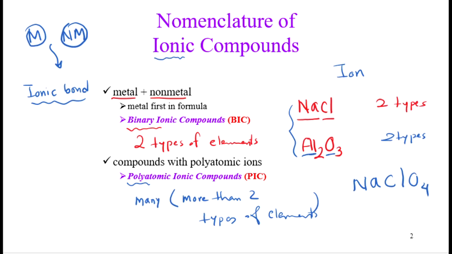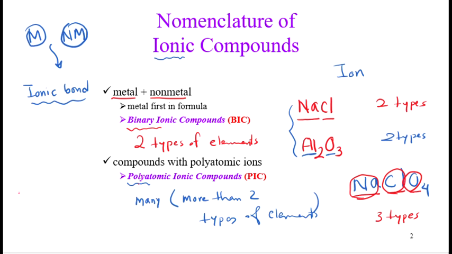In this example, I have Na, Cl, and O: sodium, chlorine, oxygen. I have three types of elements. So whenever you have more than two types of elements, you call that polyatomic. So polyatomic ionic compounds, or in general, we call that PIC.